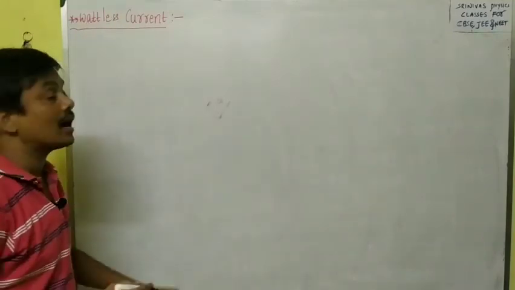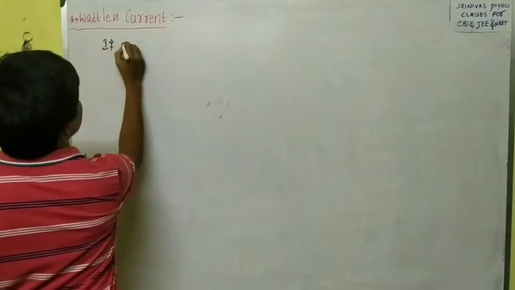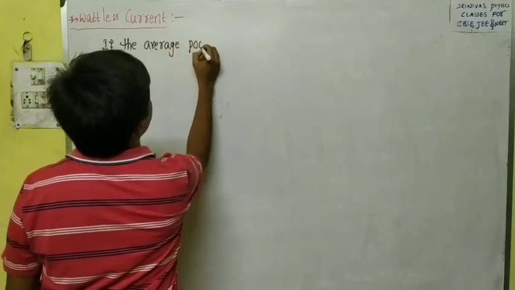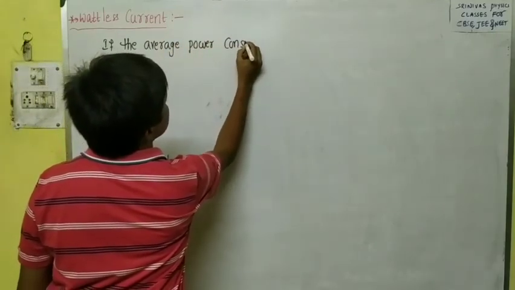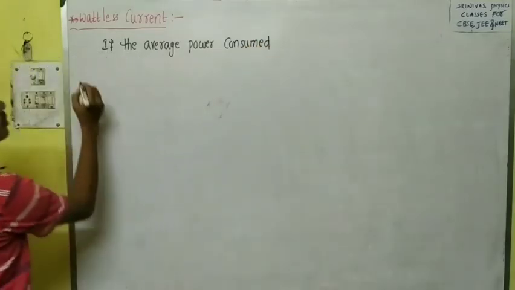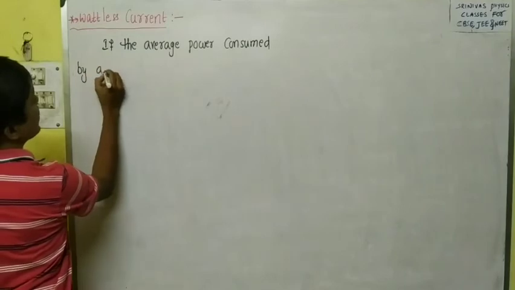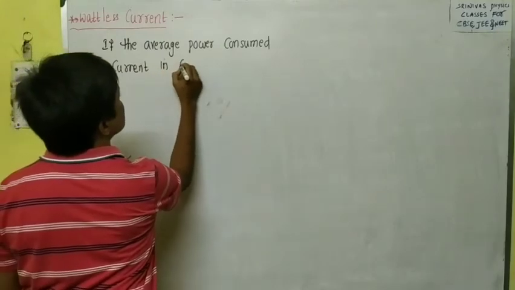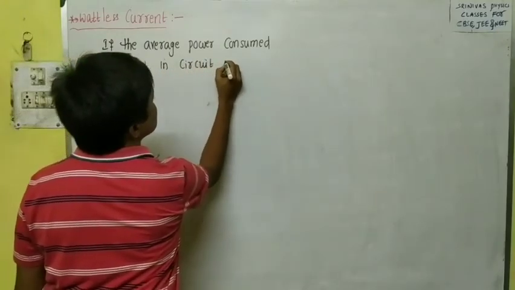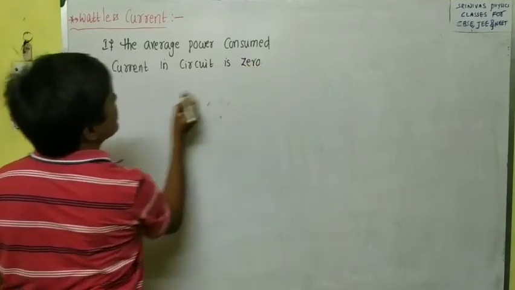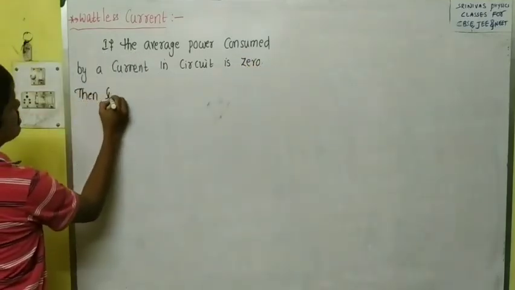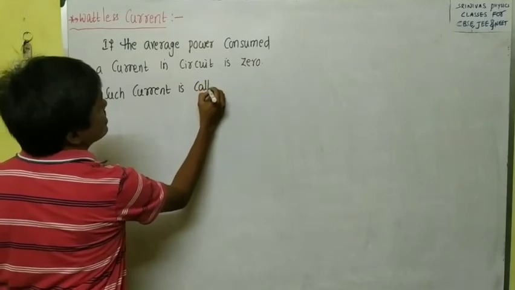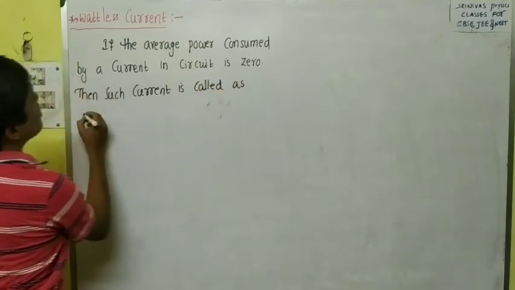Wattless current means if the average power consumed by a current in a circuit is zero, then such current is called wattless current.